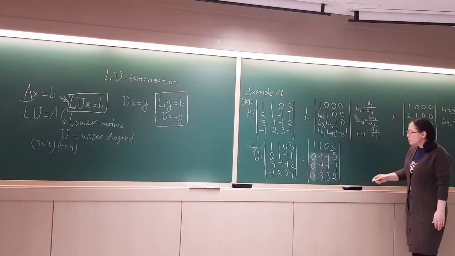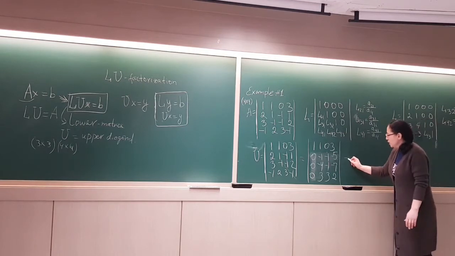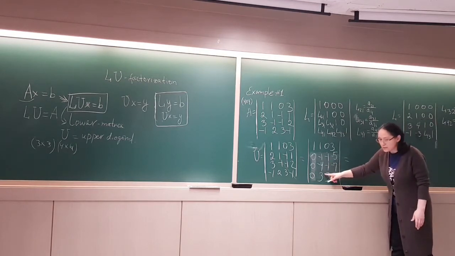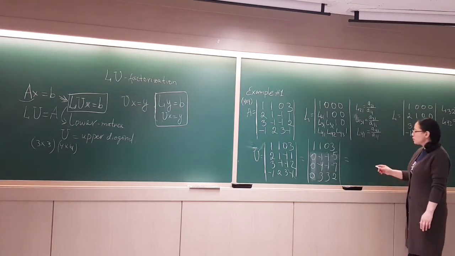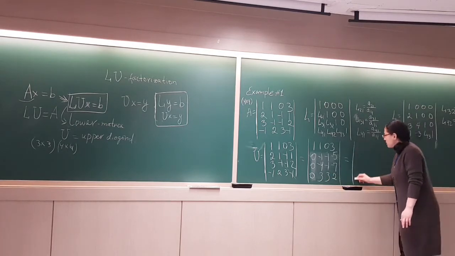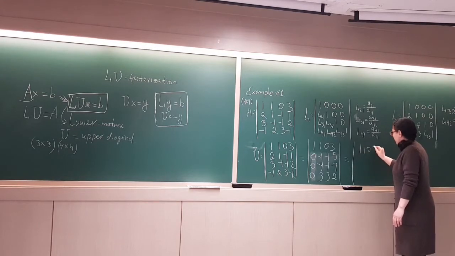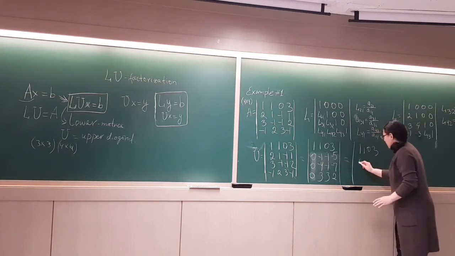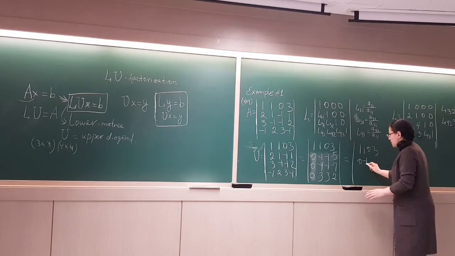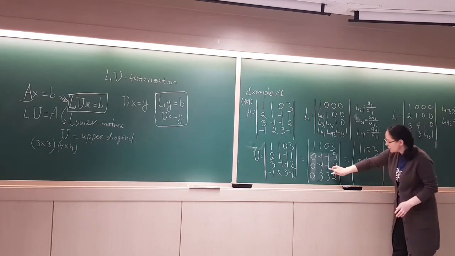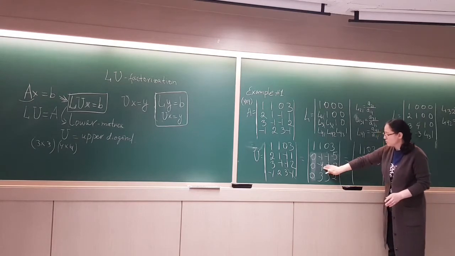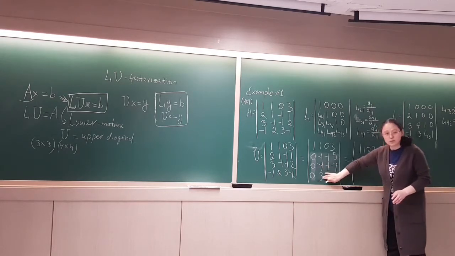Okay. Now we need to change this to 0, right? These two we need to make 0. To make it 0, the first line is the same, and the second line also the same. Minus 1, minus 1, minus 5. Here we need to do 0 and 0, right?